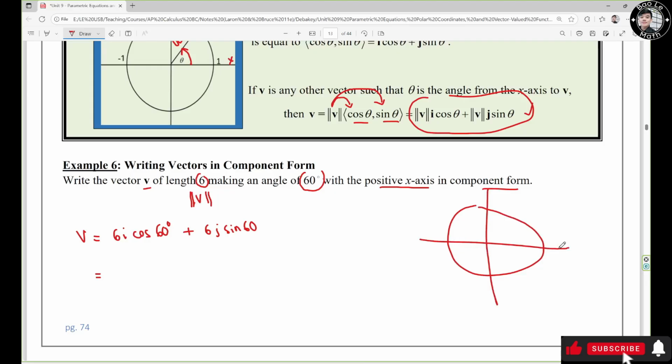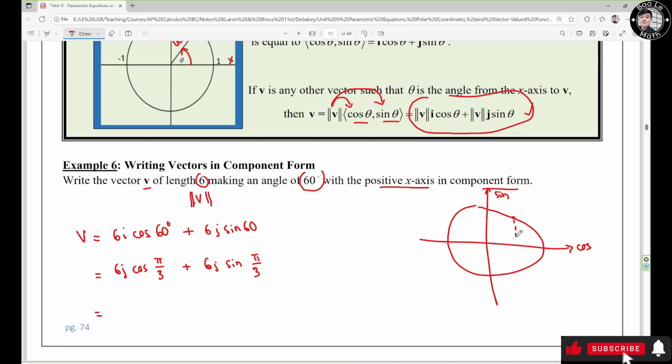The x-axis represents the cosine function. The y-axis represents the sine function. Cosine 60 is the same thing as cosine pi over 3, plus 6j sine of pi over 3. Pi over 3 is going to be somewhere right here.